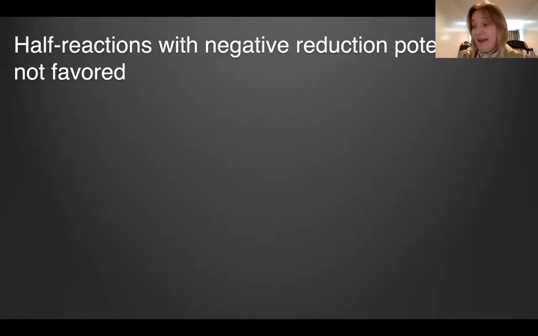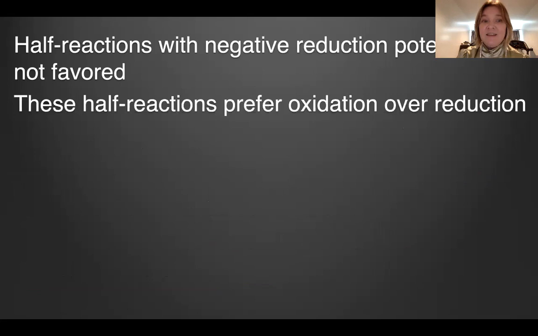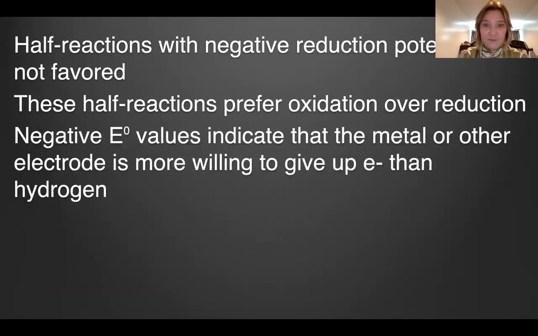Half reactions with a negative reduction potential are not favored. So these half reactions prefer oxidation over reduction. Remembering that our electrode potentials are measured as a tendency to be reduced, if the electrode potential is positive, that means that metal likes to be reduced. If the electrode potential is negative, that means that metal does not like to be reduced and it prefers to be oxidized.